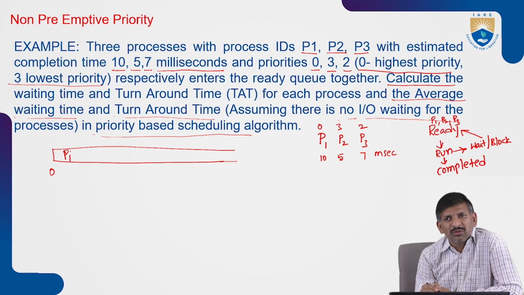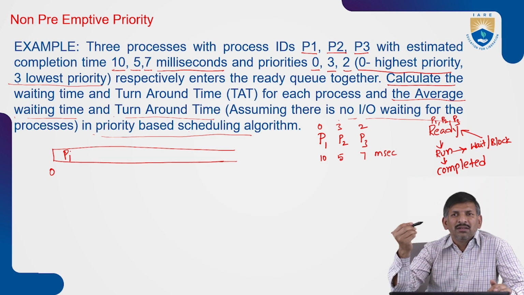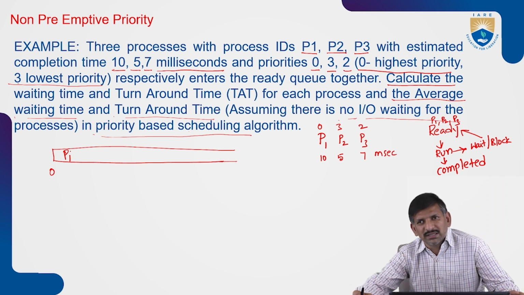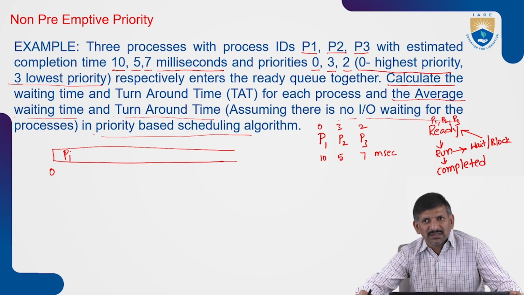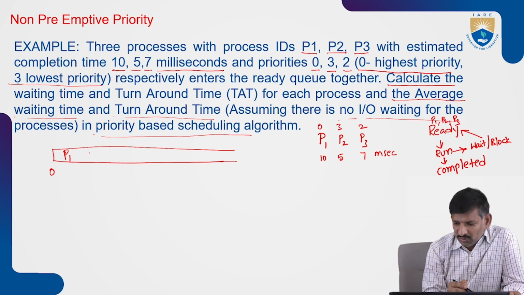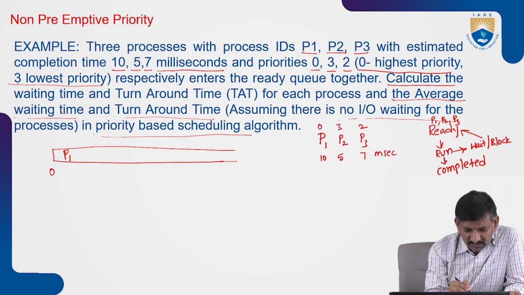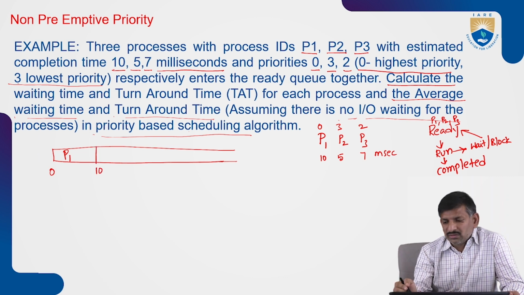Since it is non-preemptive, only after completion of P1 does the scheduler check the ready state again. P1 execution time is 10 milliseconds. P1 enters the running state and after completion, the completed state.